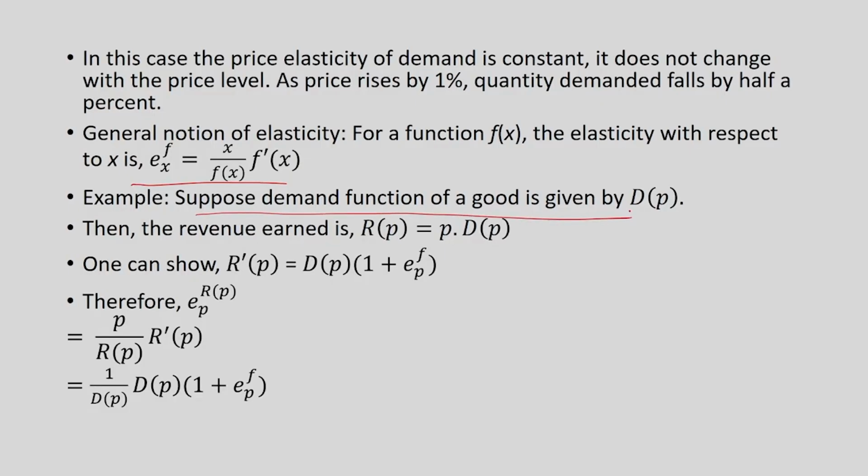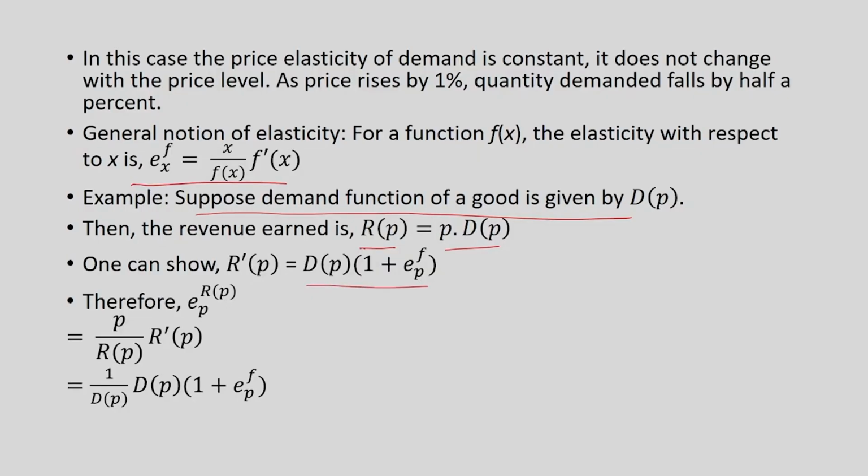Suppose the demand function of a good is given by d of p. So, the revenue earned means the total amount of money that the sellers are getting, is P multiplied by quantity demanded, that is P multiplied by d(P). And if you take the derivative of R(P) with respect to P, you will get this expression, right. So, I am going to skip some steps.